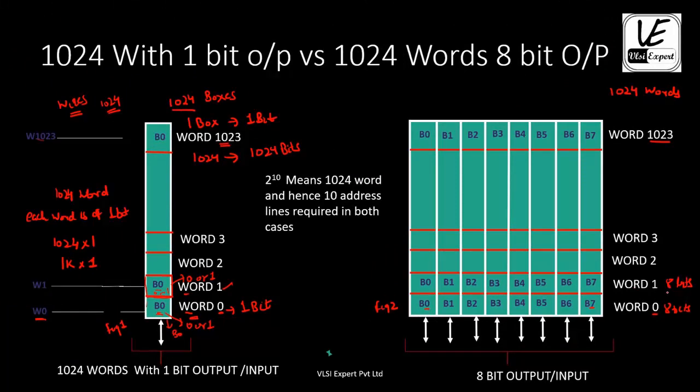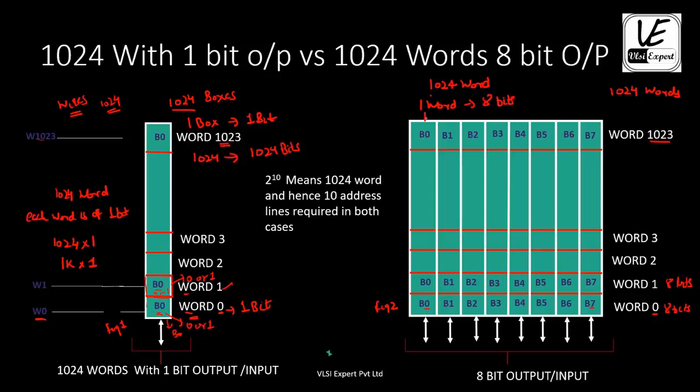Now if I ask you what is the total number of bits stored in this particular array, your answer is going to be, how many words do I have? I have 1024 words. Now, one word is holding 8 bits.